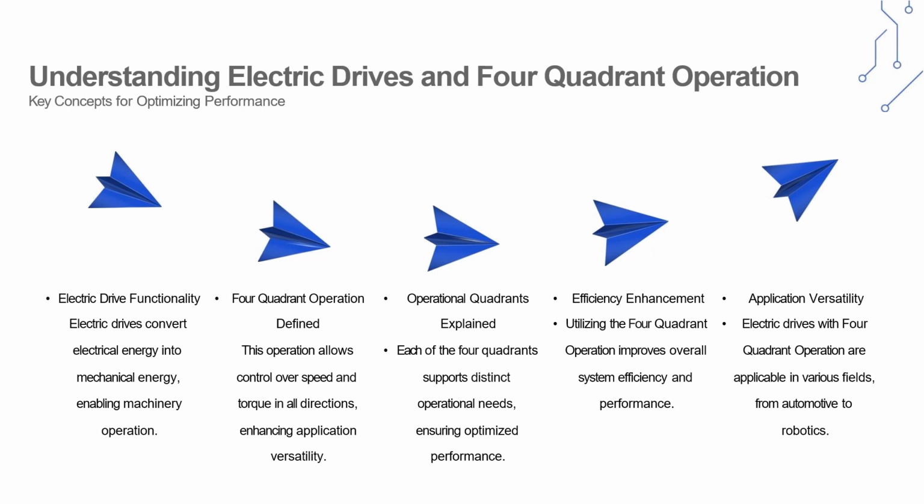For example, in industrial automation, precise control of motor speed and torque is essential for maintaining product quality and reducing waste. In renewable energy systems, energy efficient operation of generators can significantly improve energy output, and in electric vehicles, regenerative braking can extend the vehicle's range and reduce the need for frequent charging.